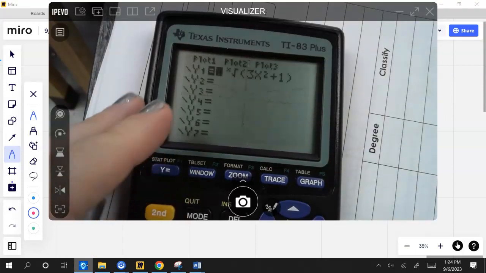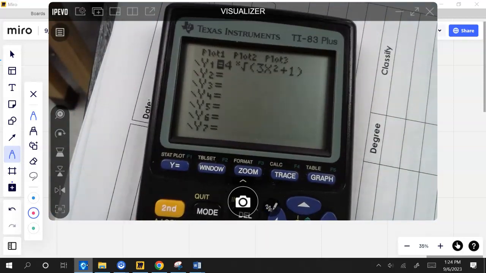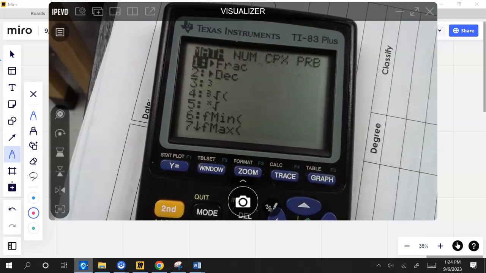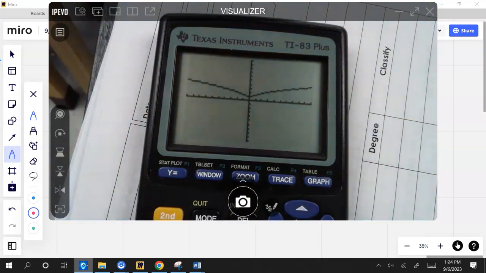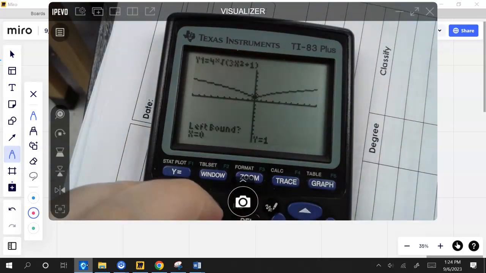So I put it in as the fourth root. If you hit 4 and then you go to math and choose option number 5. I'm going to calculate that minimum right there because I want to know what that point is where it's coming in.